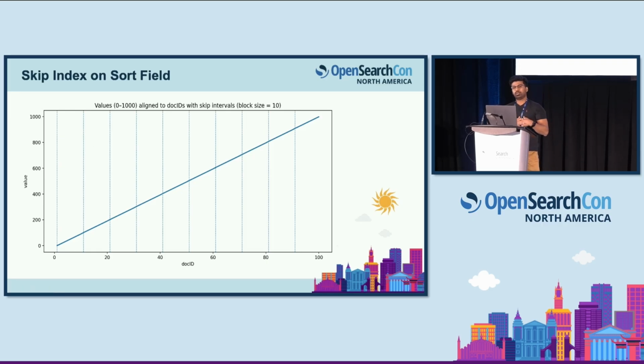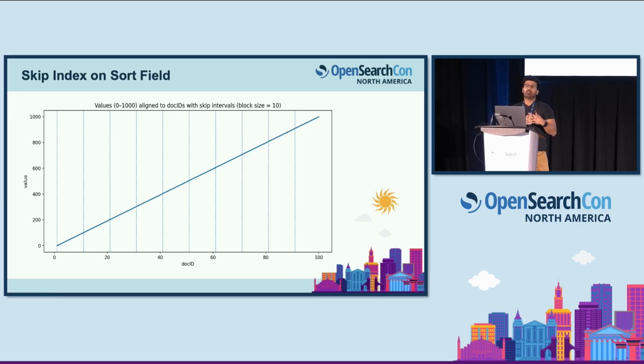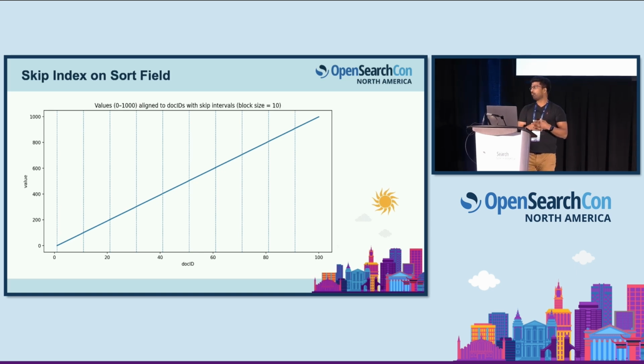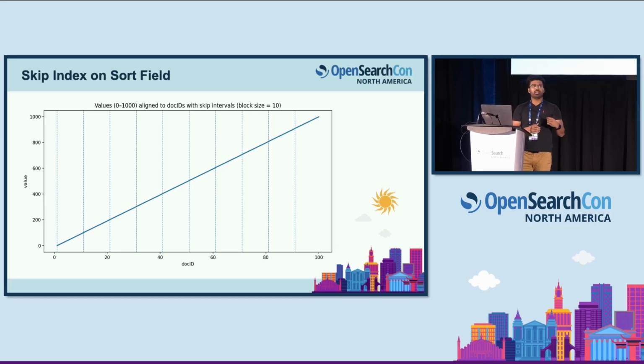When you are indexing the data in Lucene, you have an option to specify a sort field. The field that you specify sort on is the order in which doc IDs are generated.